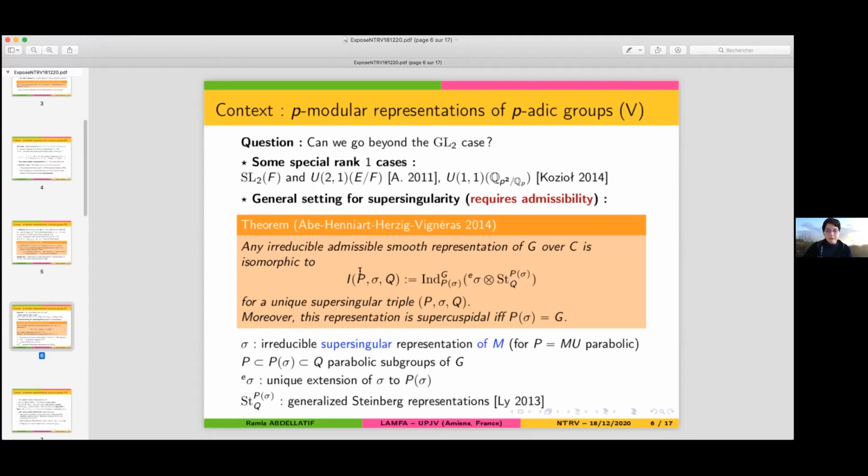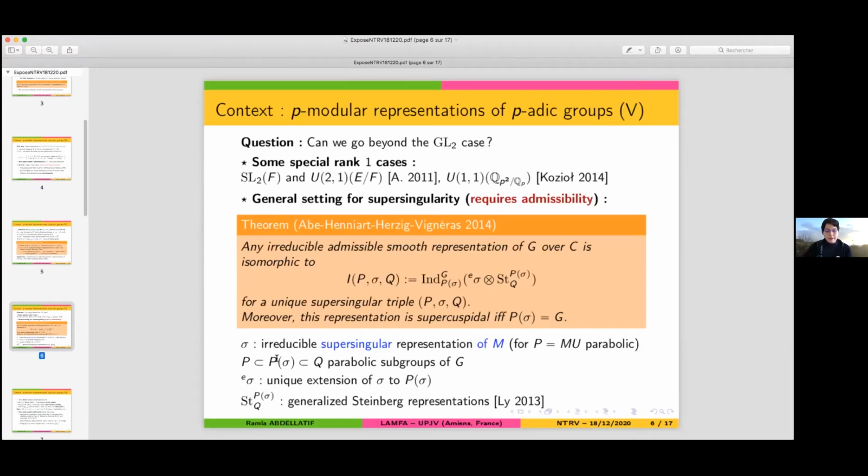And the triple (P, sigma, Q) here is unique. And saying that the representation you start from is supercuspidal, as you assume it's admissible, is the same as saying that P_sigma is equal to G, okay? Sounds reasonable, but really it's proven in full generality.